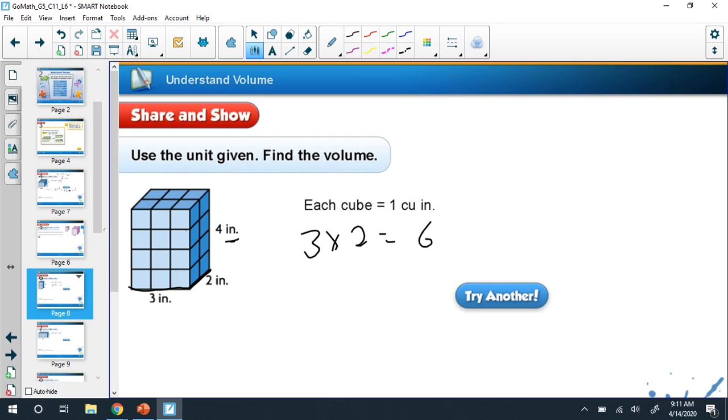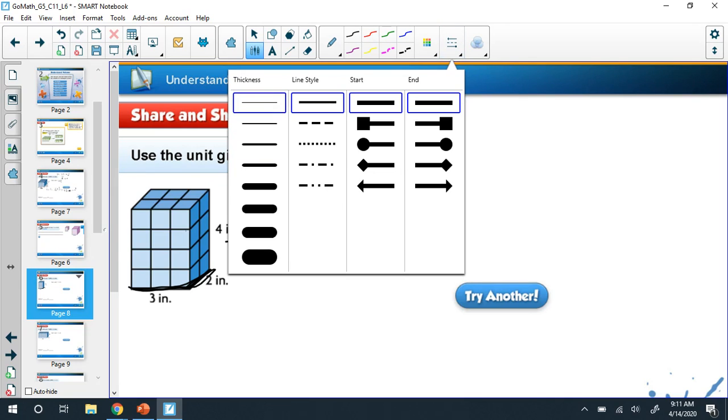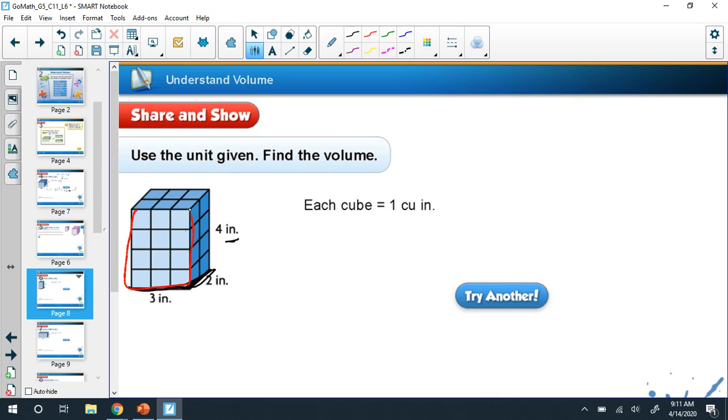We don't have to always just think about it in terms of this being the base. We could say, well, I want to figure out the area of the front of it here, and then work from there. And we can do that because here we see that this is 3 across and 4 high. So if we counted up all these little squares on the front here, we would get 3 times 4, which equals 12.